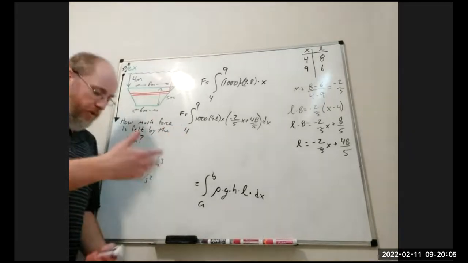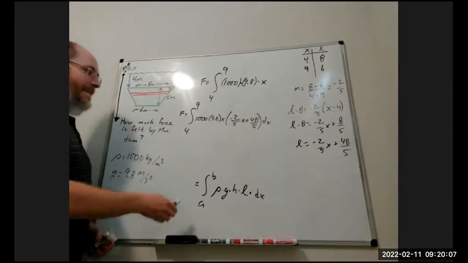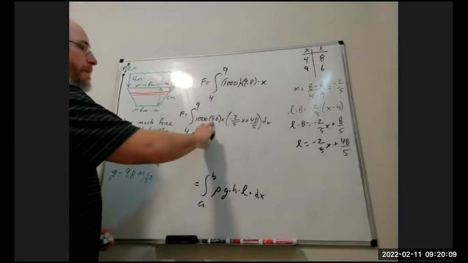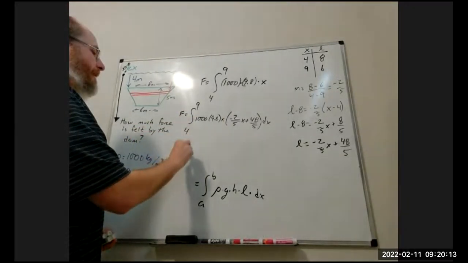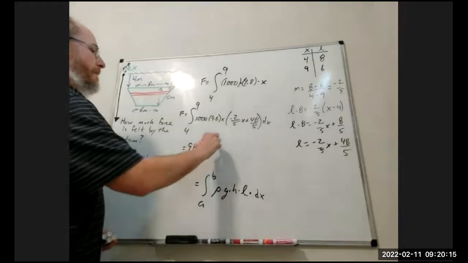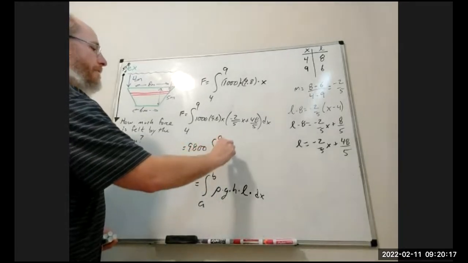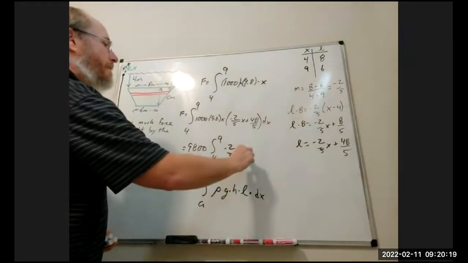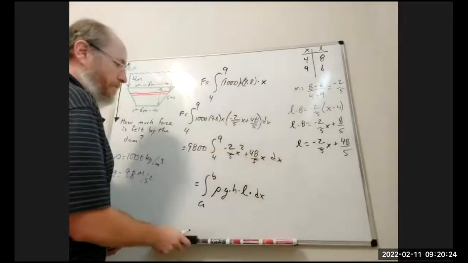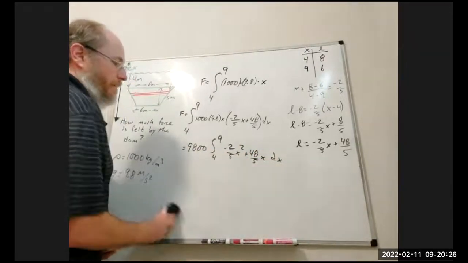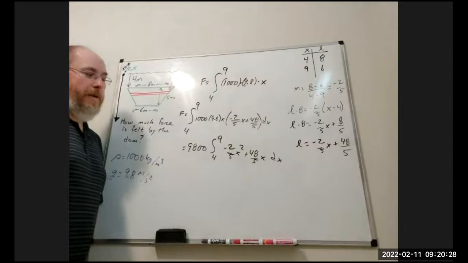All right, so just real quick, I want you to see that this is going to be an easy integral to do. The 9.8 and the 1,000, we can bring that out front. So we're going to have 9,800 times integral from 4 to 9 of minus 2/5 x squared plus 48/5 x, if I just distribute. And this is just going to be power rule.